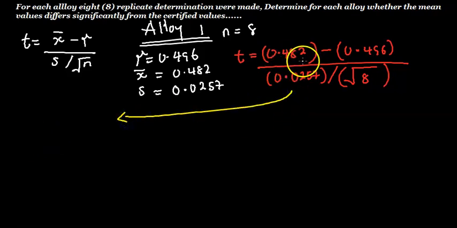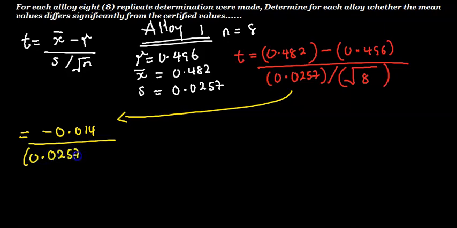Alright, our numerator here: if you subtract 0.496 from 0.482, this is simply going to be negative 0.014, divided by 0.0257 over the square root of 8. What is the square root of 8?